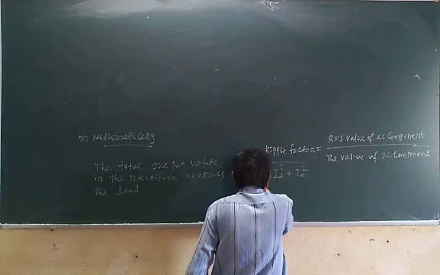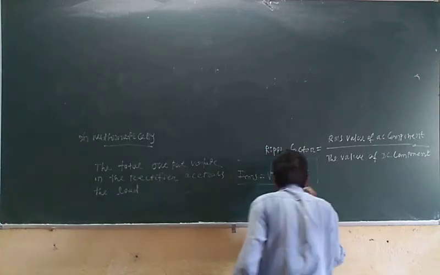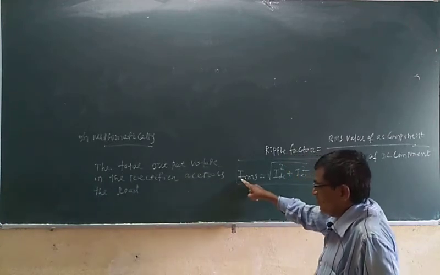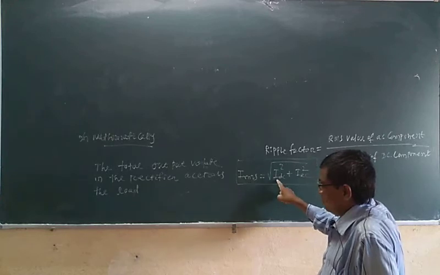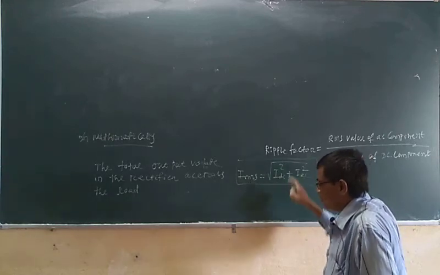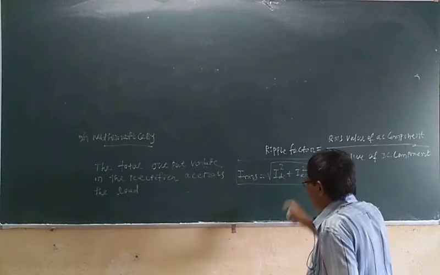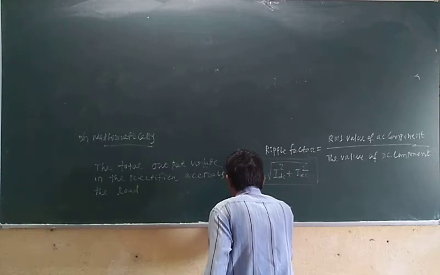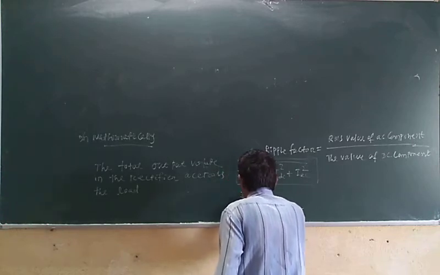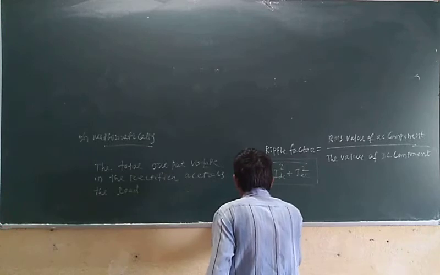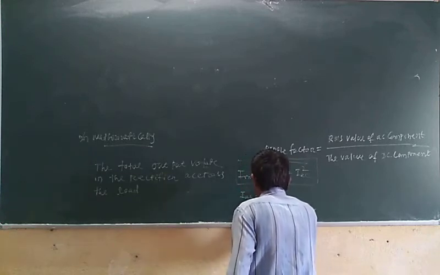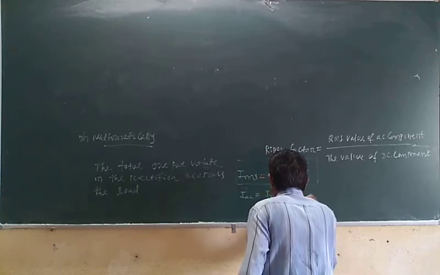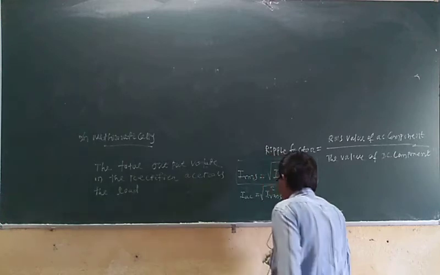That is the total RMS value across the load. Now from this we can calculate IAC square, or IAC equals the square root of IRMS square minus IDC square.